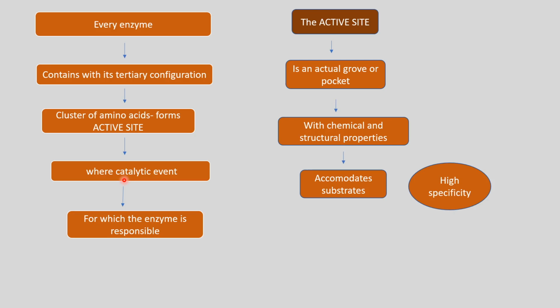Or there are times when reactions do not have catalysis also, right? The work of the enzyme is mainly to increase the rate of that reaction, and that is why it is mentioned here that the active site is the place where the catalytic event takes place, right?